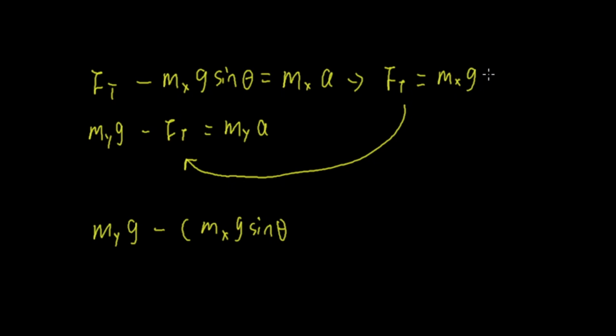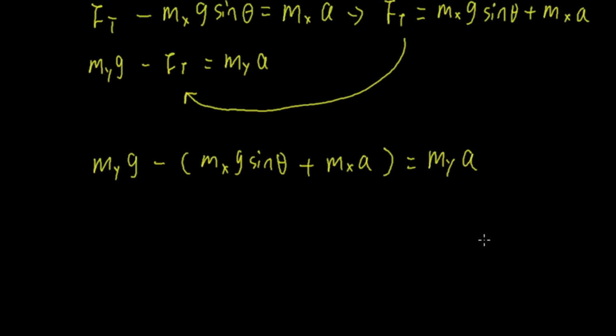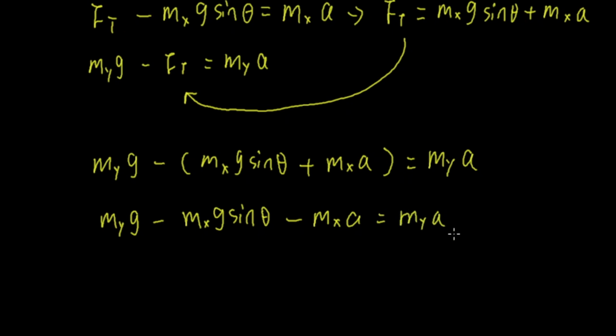Plus m sub x a equals to here m sub y times acceleration. So let's take away the bracket, right? So we have m sub y g minus m sub x g sine theta minus m sub x a equals m sub y a.